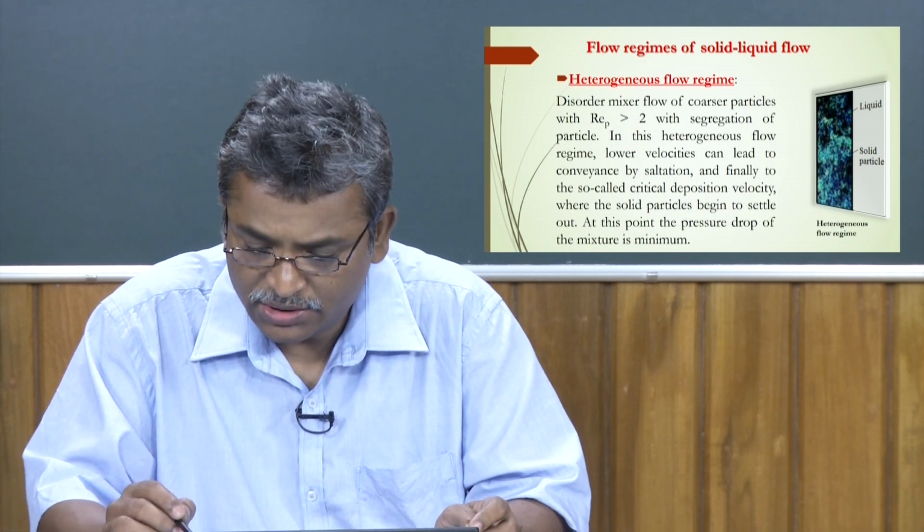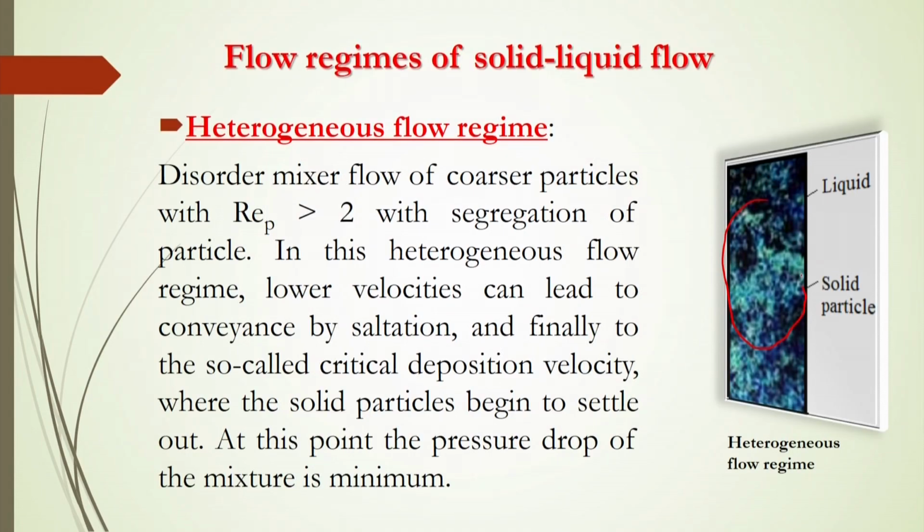So, see this picture here, this is the turbulent regime. You cannot observe exact uniformity inside the bed. There will be an internal fluid circulation inside the bed with these solid particles, and since the Reynolds number is greater than 2, there will be more turbulence inside the bed, and the shape of the particles may not be the same inside the bed.